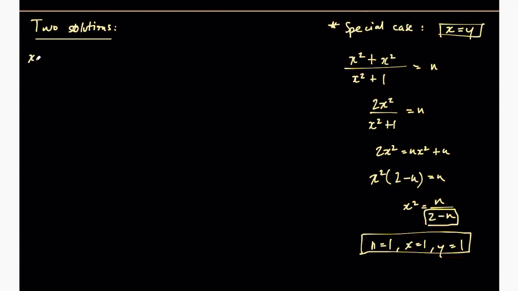So we can say x1 equals ny subtract this square root, which was ny squared, take 4 times y squared, take n, over 2. And our other solution is, we'll call x2.